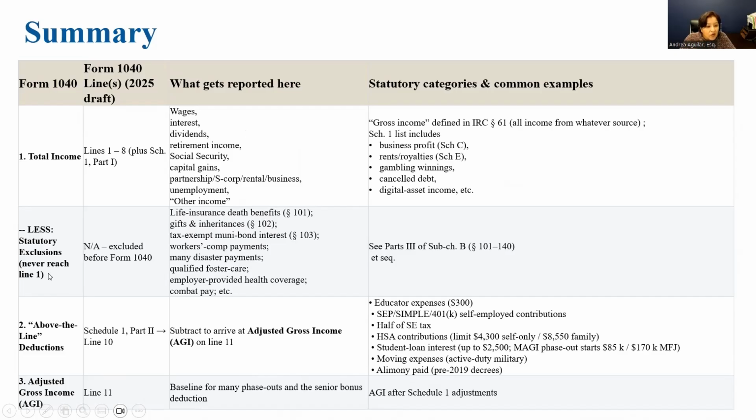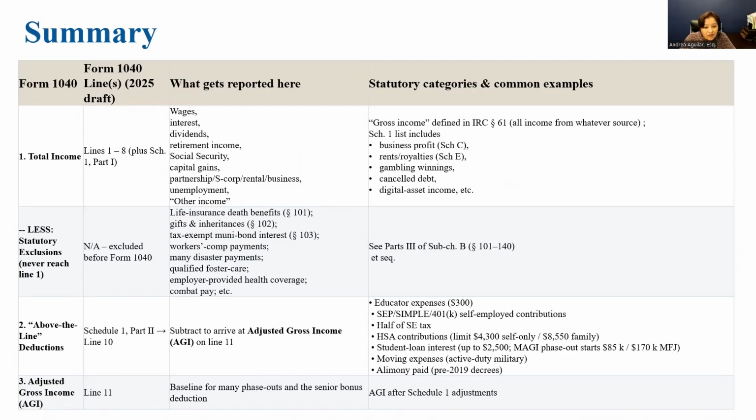And then we are going to apply, again, certain exclusions. And just as a refresher, you have life insurance benefits, they are excluded. Gifts and inheritances are not taxable income, they are excluded. The particular code provision is here, 102. Muni bond interest, workers' compensation payments, disaster relief payments, and more. So that's just a summary.